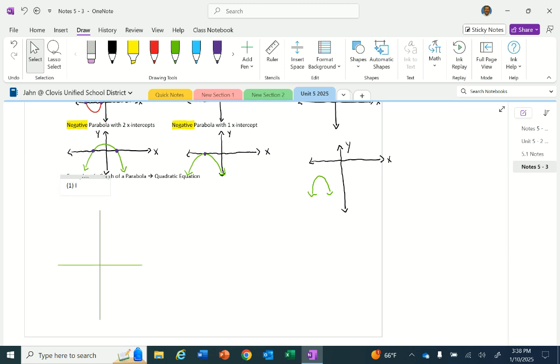Step number 1 is you are going to identify the x-intercept or intercepts coordinates. Okay? Then, step number 2, you're going to write a 2 parentheses equation.